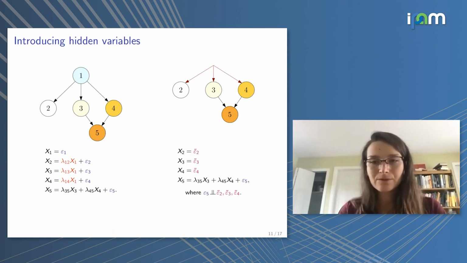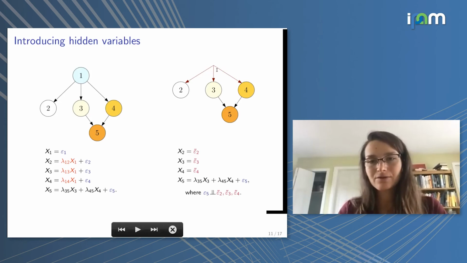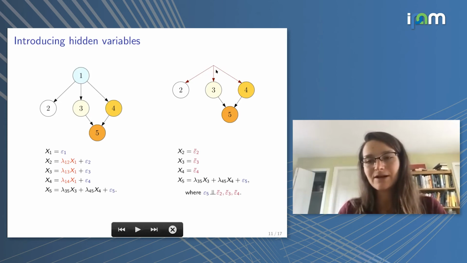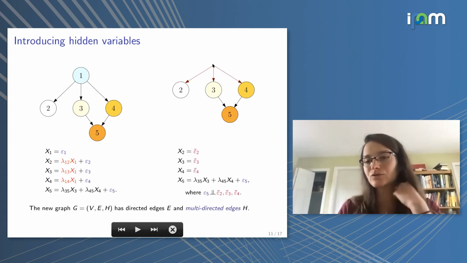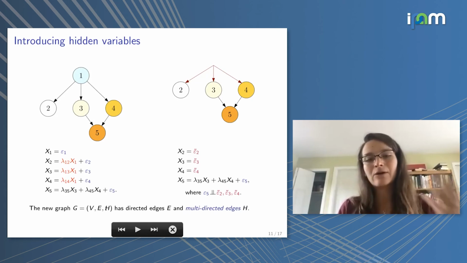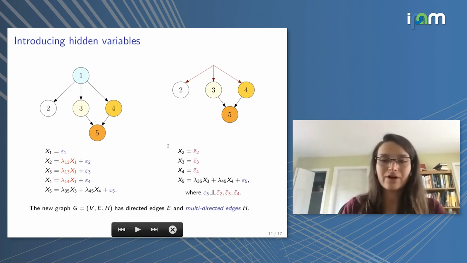Okay, and so this new structure graphically will be represented by vertices, directed edges, and multi-directed edges. So this new graph is going to have multi-directed edges H. And so our goal will be to learn this graph structure from observing samples from the observed variables.